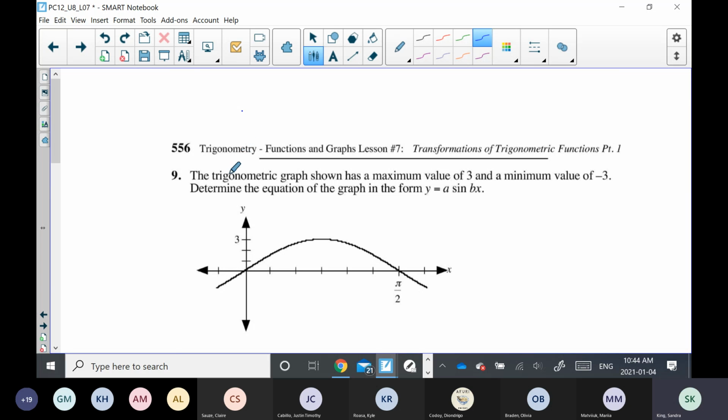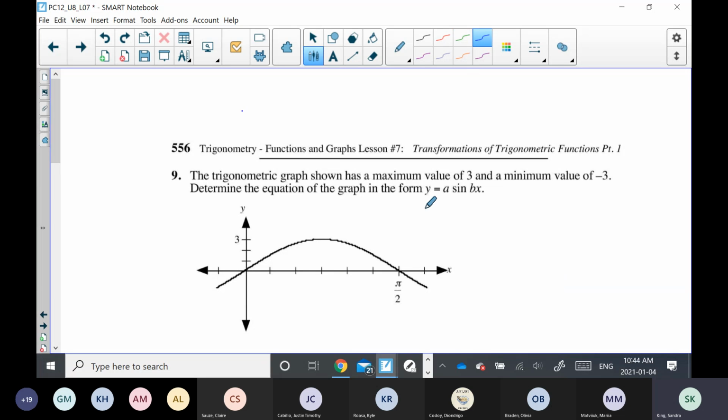Okay, they want us to figure out the equation of this graph, and they say it's a sine graph. And they say it has a maximum value of 3 and a minimum value of -3. So this graph is going up to 3, and then if I was to continue it, it would go down to -3.